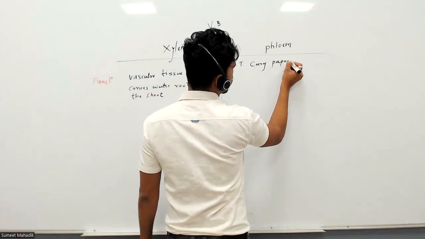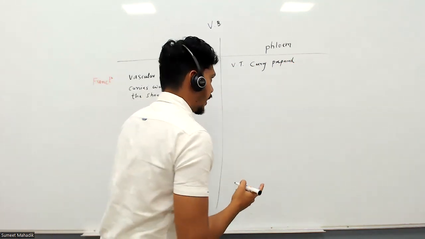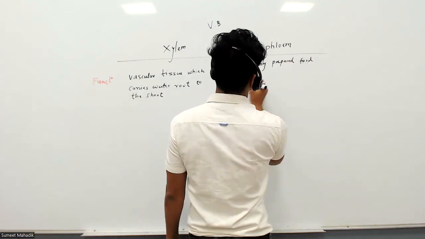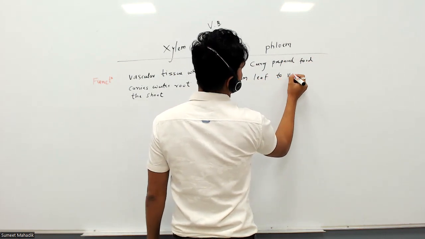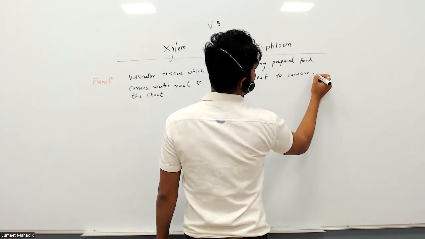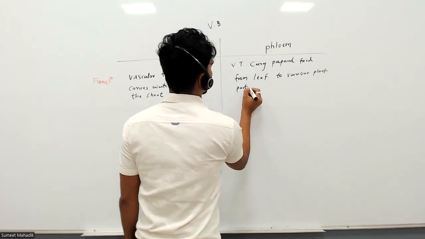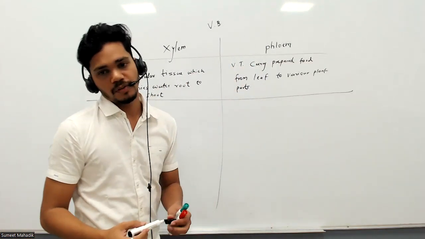Which prepared food? In a plant, the leaf is called the kitchen, where photosynthesis occurs. So it carries prepared food from the leaf to various plant parts. So this is the function of xylem and phloem.